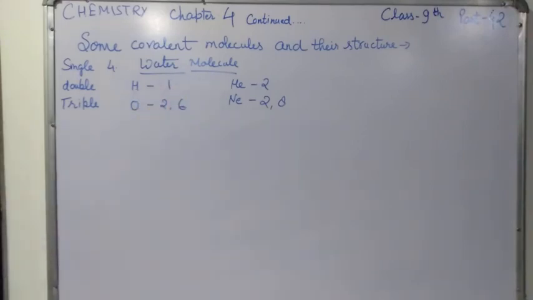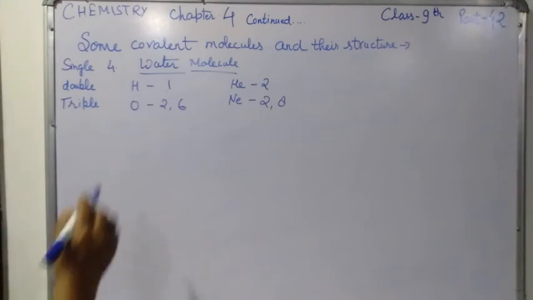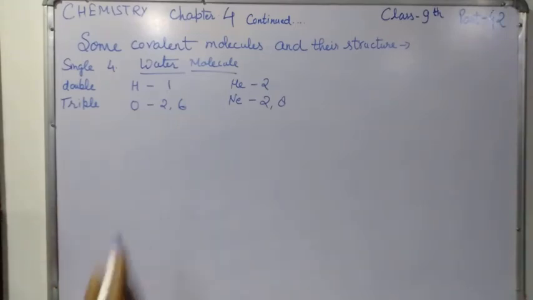So what will they do? They will share. In the water molecule, each of 2 hydrogen atoms shares an electron pair with the oxygen atom such that hydrogen acquires a duplet configuration and oxygen acquires an octet electronic configuration.